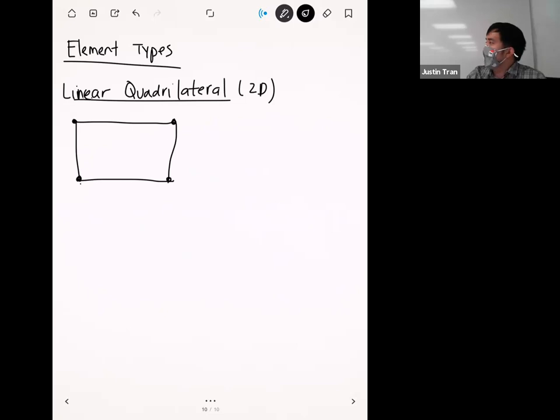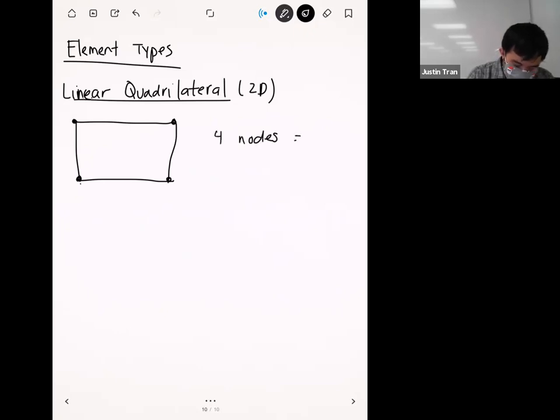So even if your 3D geometry is meshed with hexahedrons or tetrahedrons, on the surface of your model you're going to have 2D elements. Whenever you mesh a 3D object, what you're actually looking at on the exterior are the 2D elements.